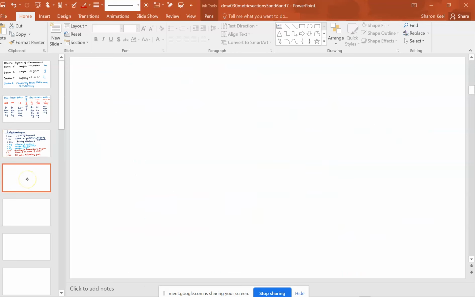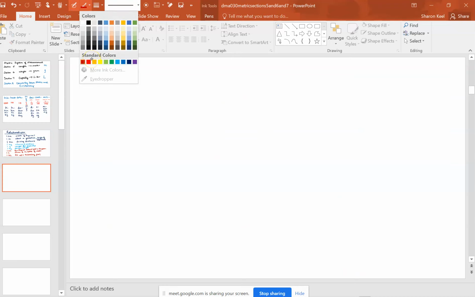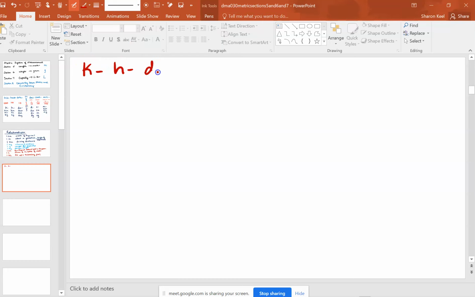Now let's look at doing some conversions. When we do conversions, the first thing I'm going to do is list the prefixes at the top so we can see those again. I will let you know that when you do your test, you're going to be able to have a sheet of measurements.